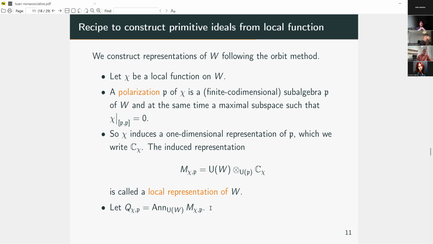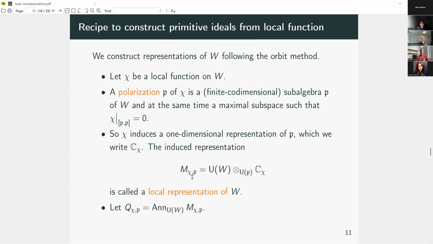Cool. So now chi induces a one-dimensional representation of P, which we write C_chi. Now we have a one-dimensional representation of P, and we want to induce it to a representation of W, and we do that by tensoring with U(W) over U(P) on the left.